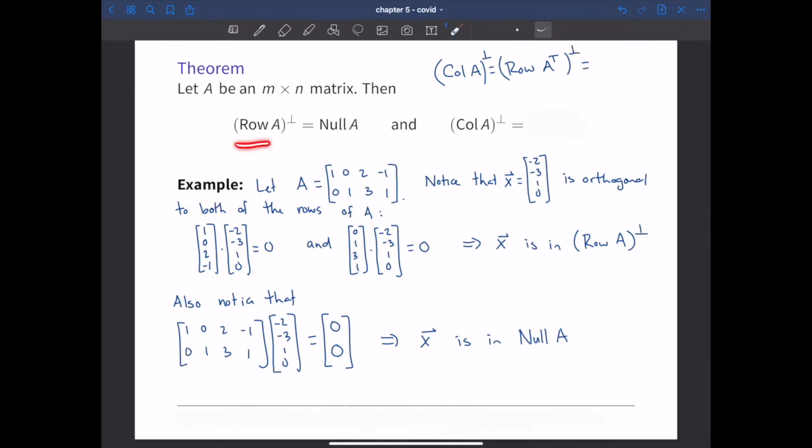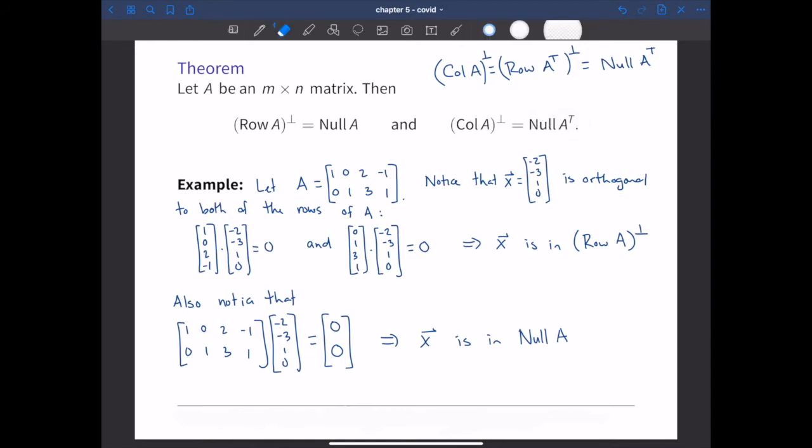But if we use this fact right here, where instead we replace A with A transpose, this is going to tell me that the orthogonal complement of the column space is really just equal to the null space of A transpose. And that's exactly what we get here.